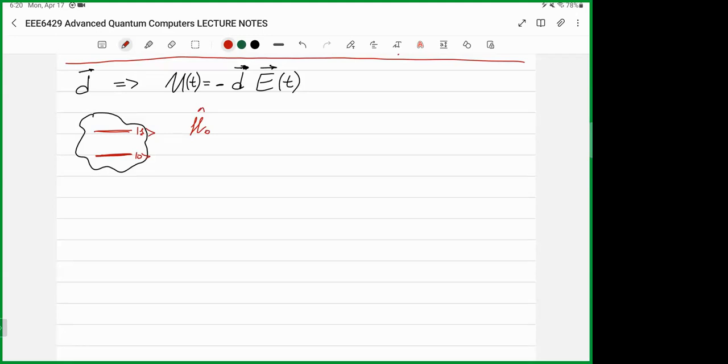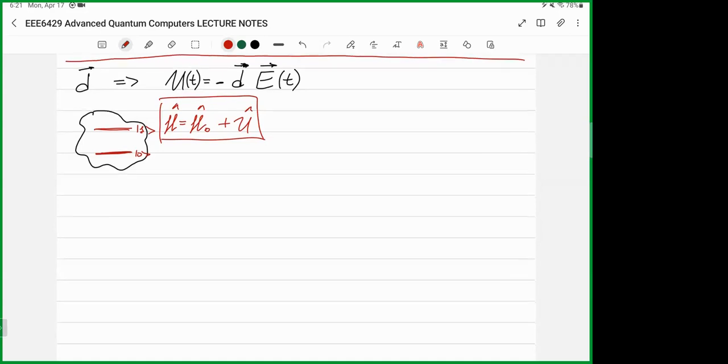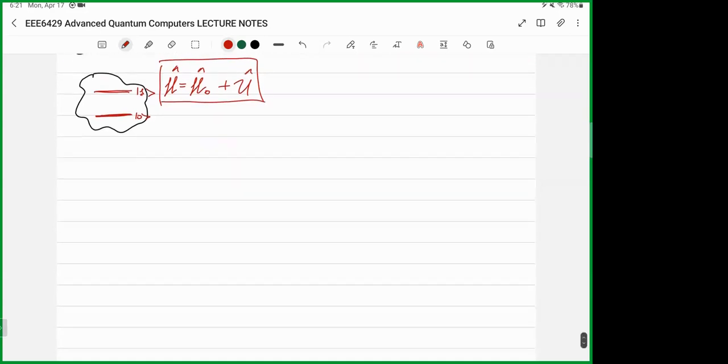This is the intrinsic Hamiltonian of the qubit as a system. It describes the energy spectrum of this qubit, etc. But when we apply the electric field, it gets this second term U, which in quantum mechanics is an operator, and let's call this the total Hamiltonian of our qubit.